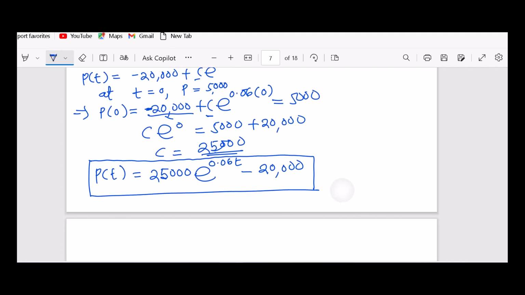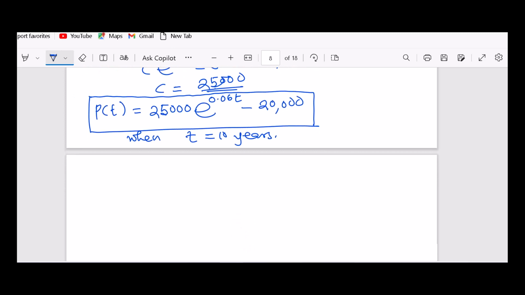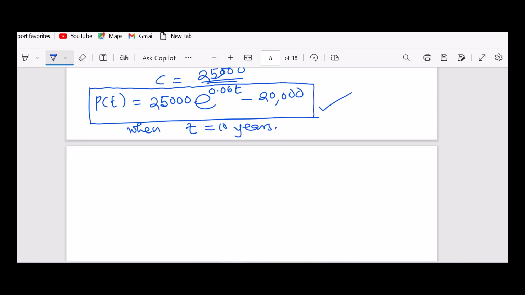But we are asked to find, when t is equal to 10 years, how much she will have in the account. This is what models what she will have in the account. So we go ahead and say at P of 10, we have 25,000 e to the power 0.06 times 10 minus 20,000.